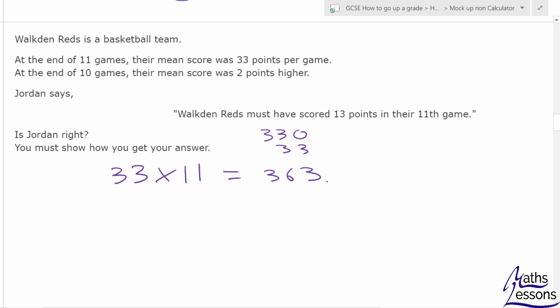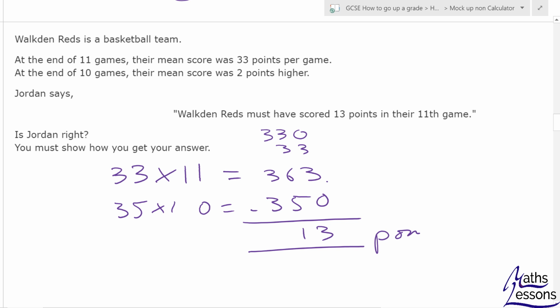At the end of 10 games, their mean score was 2 points higher. So that's 35 times 10, which equals 350. So therefore, the number of points scored in the last game must have been 13.